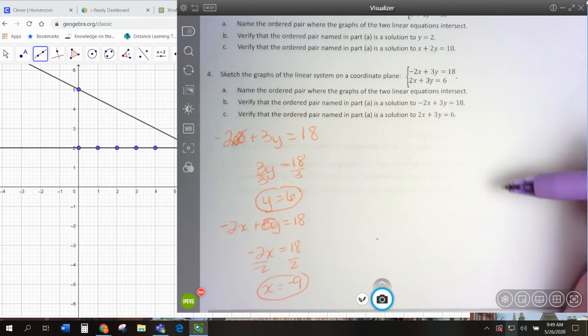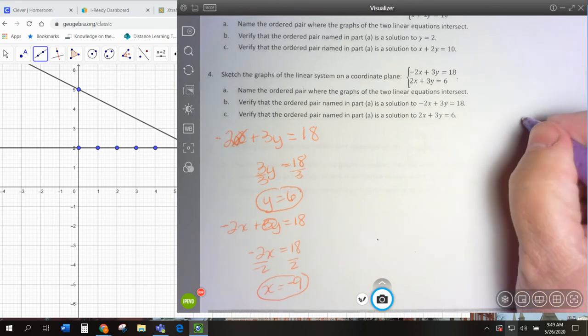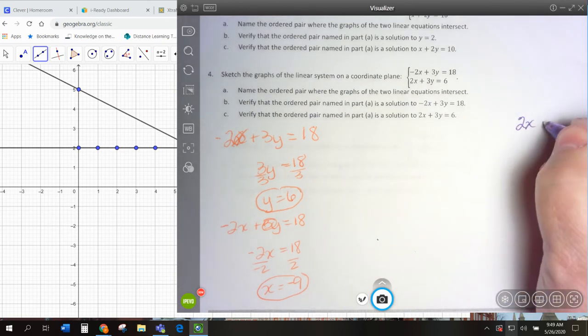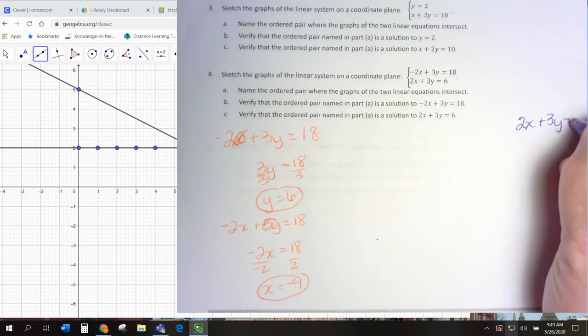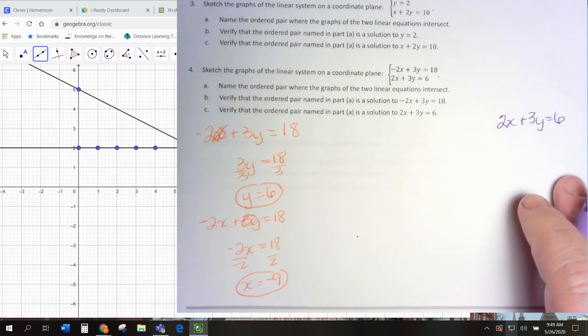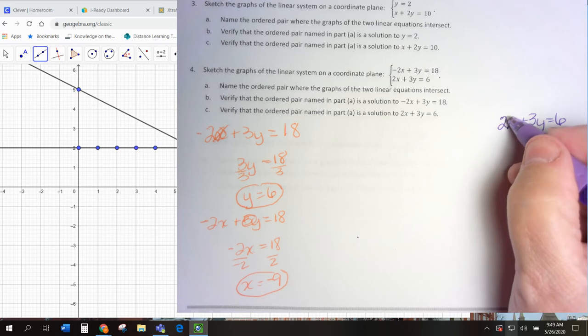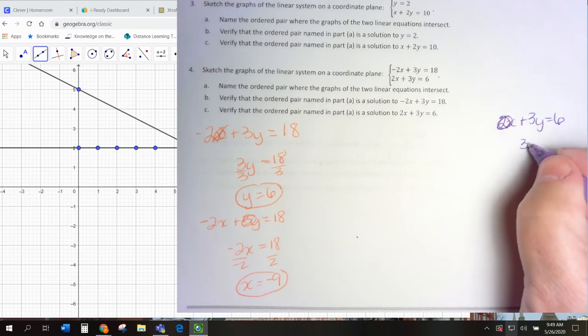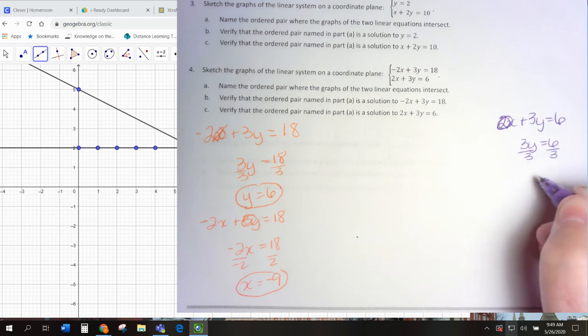Let's go over to this problem here. We have 2x plus 3y equals 6. If I make x 0, I get 3y equals 6. I'm going to divide by 3, and my y-intercept is going to be 2.